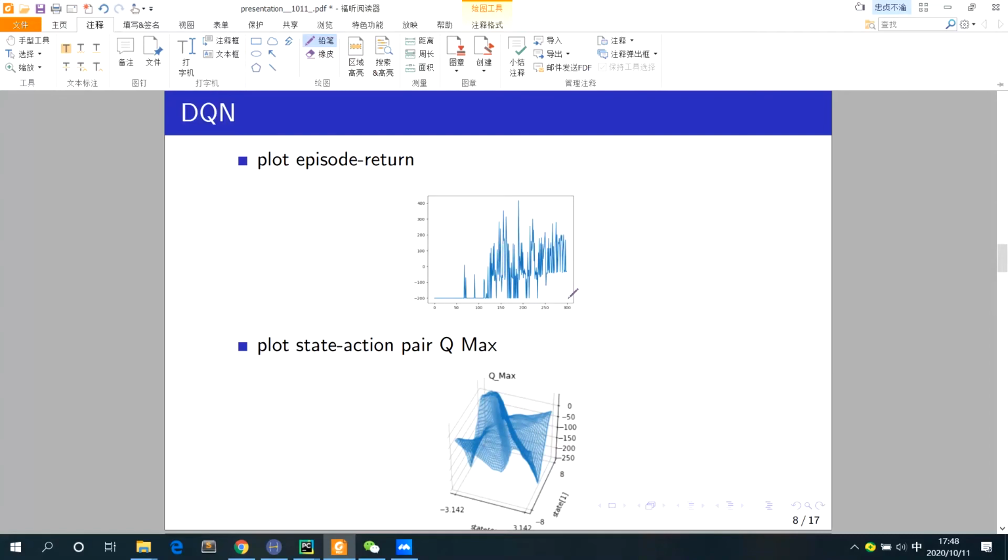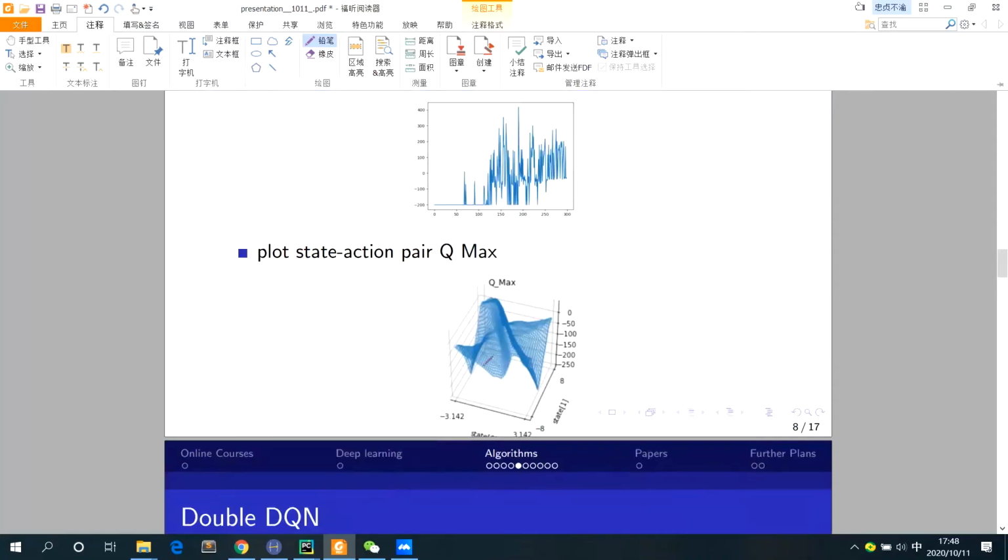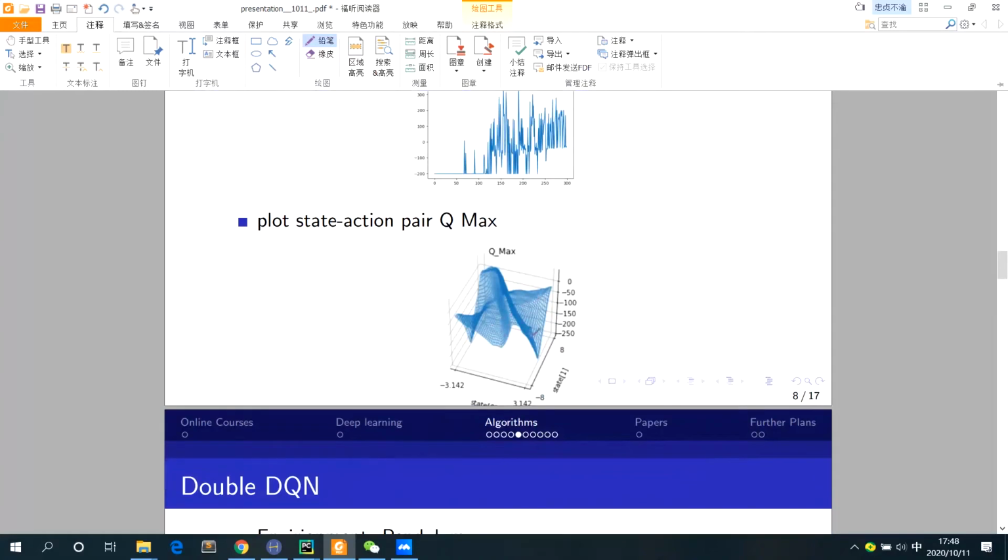Here I also plot a picture of the state and action pair, and here is the Q maximum value for all state action pairs. Then I will introduce some modified DQN.